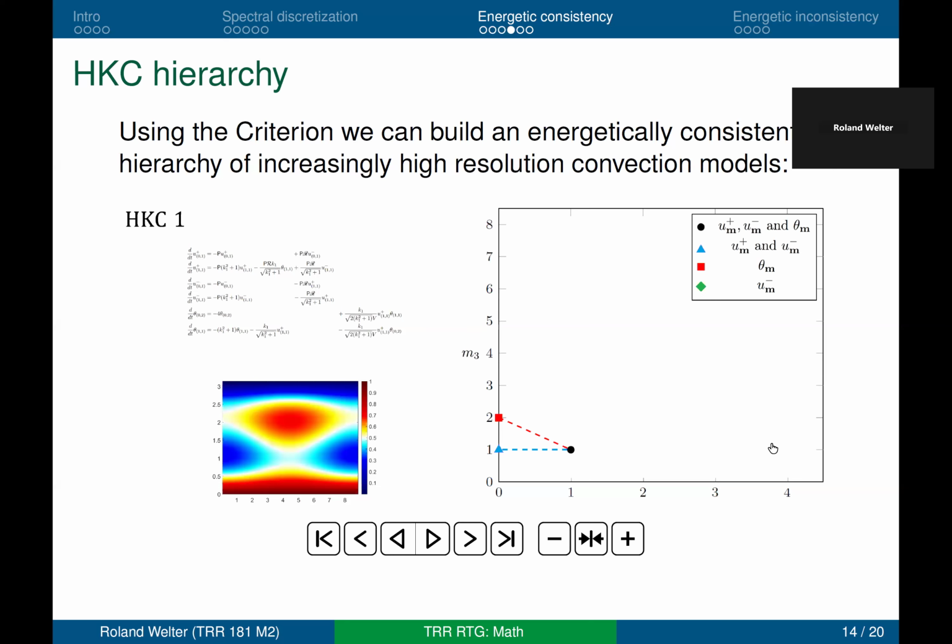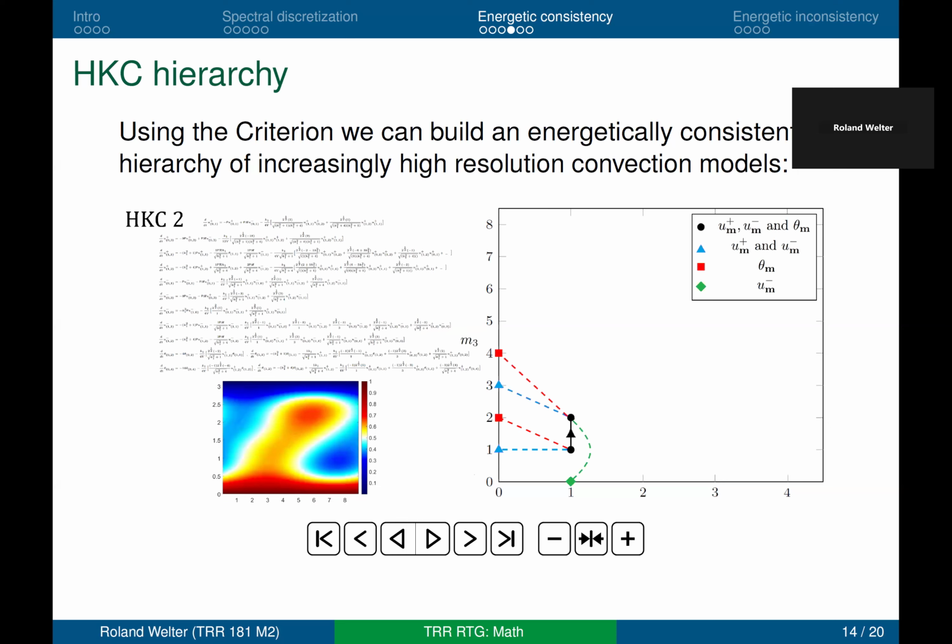This criteria allows us to build fluid models of arbitrary resolution. So we start here with the Lorenz model, and if we want to build more spatial resolution, then we can do so by the following process.